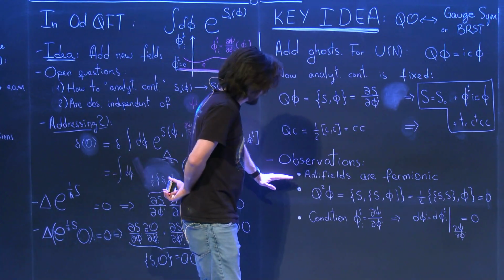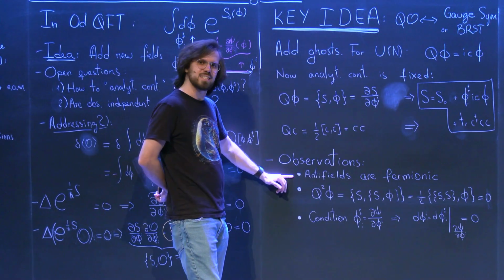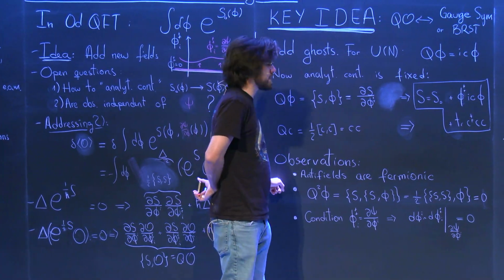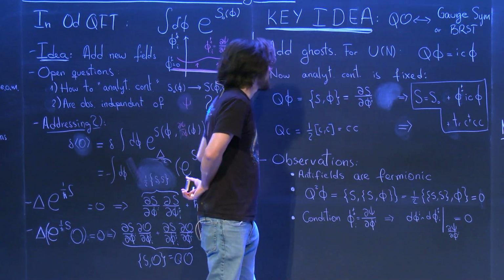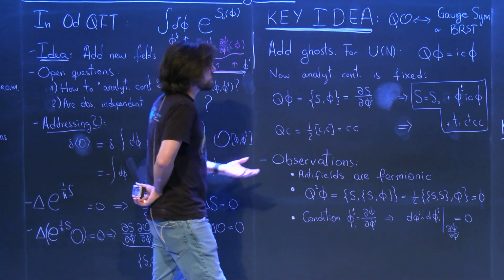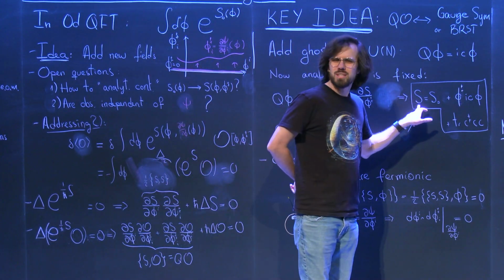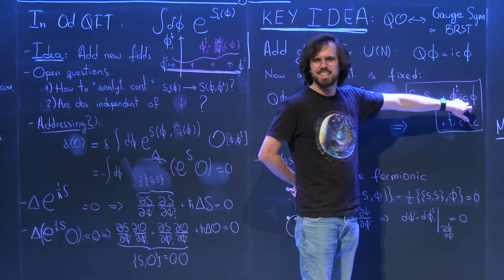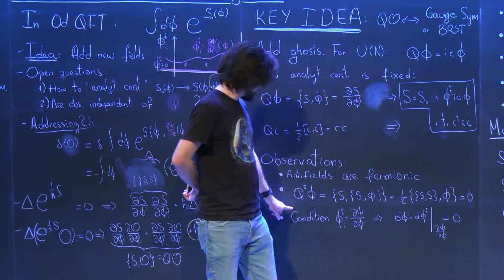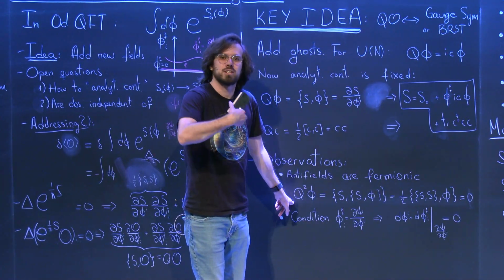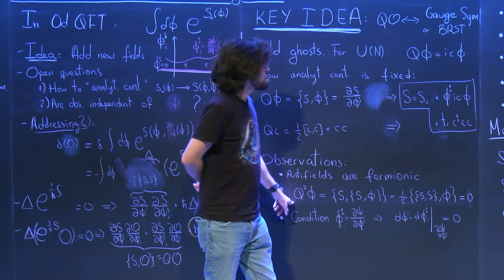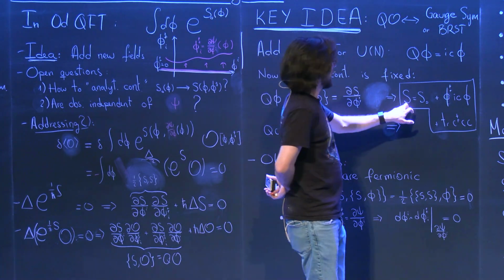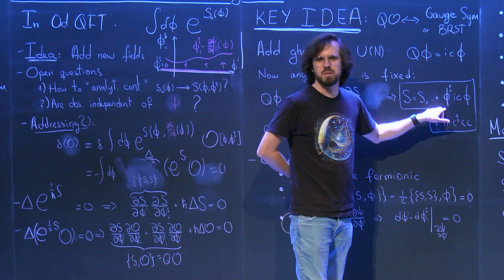Moreover, having skipped this statement, let's go back to it: the antifields must be fermionic. Where can that be observed? Well, for once, we want the action to be bosonic, and if our ghosts were fermionic to begin with, in order to have things like this, the fact that our transformations square to 0, then this means that for S to be bosonic, the antifields must be fermionic.